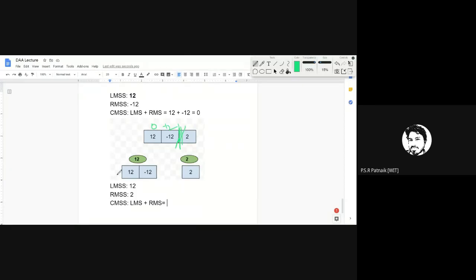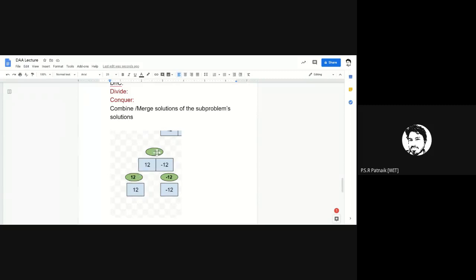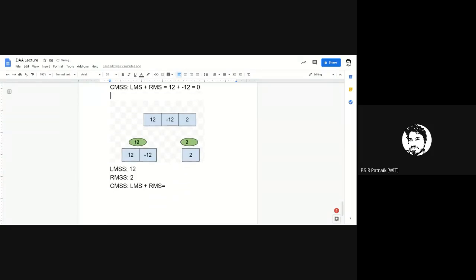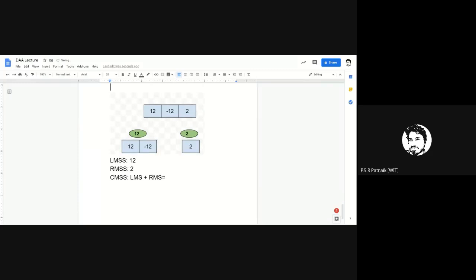So I hope, let me just repeat. We are solving for this subarray part. We have solved for this, and I'm just trying to merge this for the two more problems. For this subproblem, I am calculating LMS, the left maximum subarray.